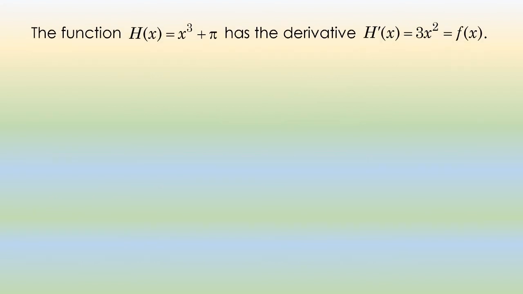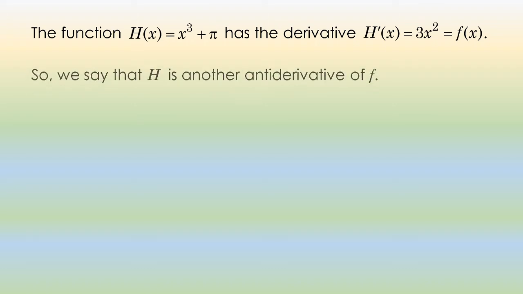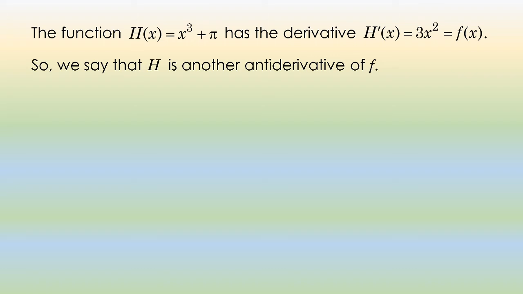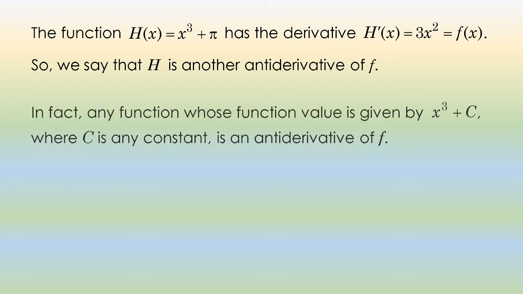Let us have another function, capital H of x, which is equal to x cubed plus pi. It has the derivative h prime of x, which is equal to 3x squared. That is also equal to small f of x. So we say that capital H is another antiderivative of f.